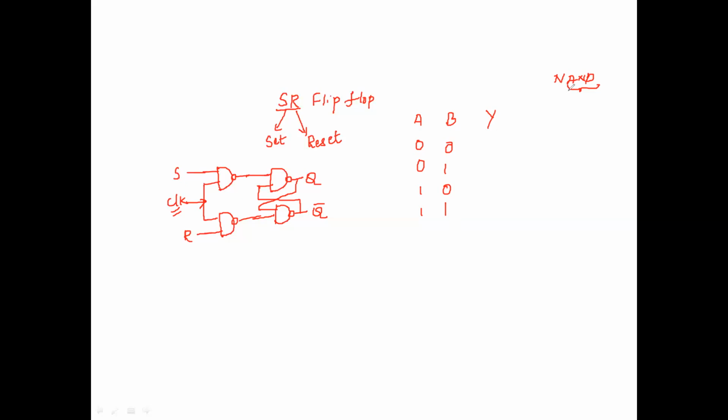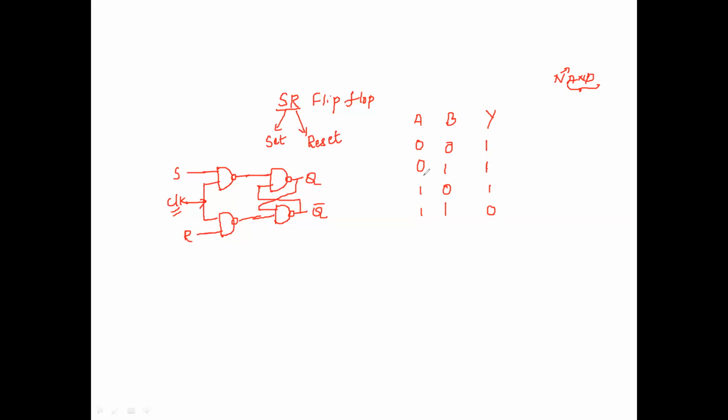In all other cases, the output is low for the AND gate. So the output will be the reverse of the AND gate. The AND gate output is high only for the 1-1 combination, so here I'll write 1, 1, 1, 0. So this is the NAND gate.